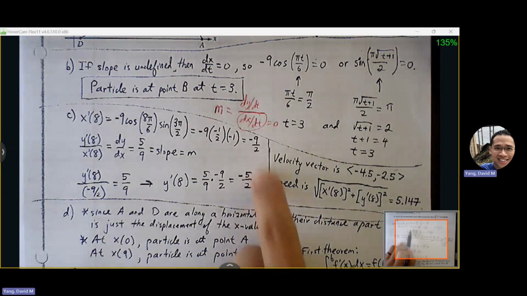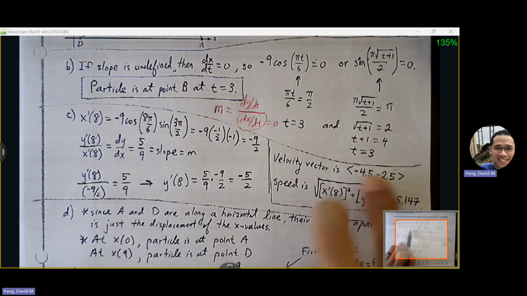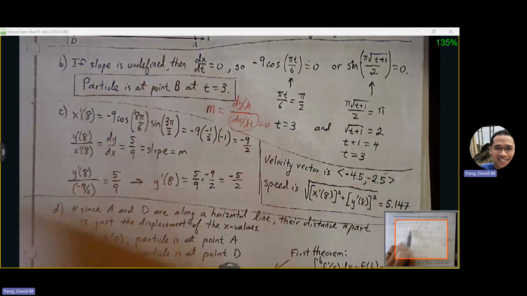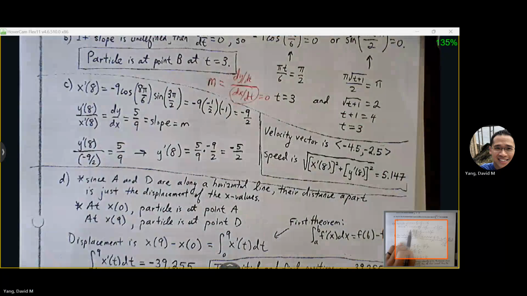So -9/2, comma, -5/2, or -4.5, comma, -2.5. And speed is just the square root of the sum of the squares of your horizontal and vertical components, right? Square root of dx over dt squared plus dy over dt squared. And that just goes in your calculator.